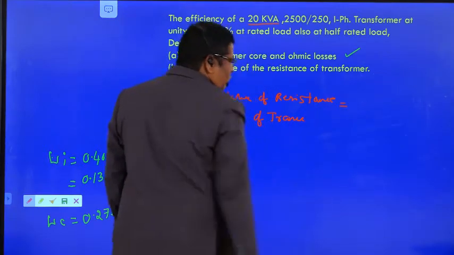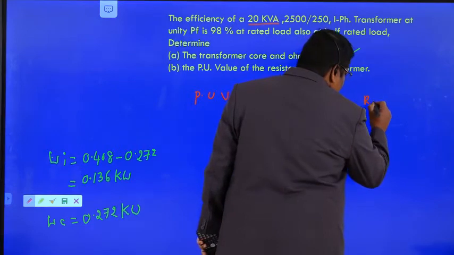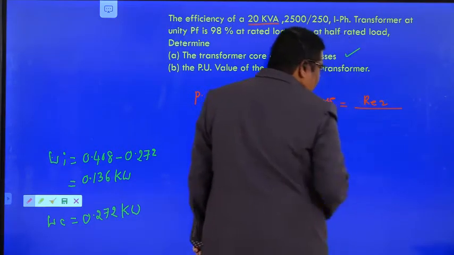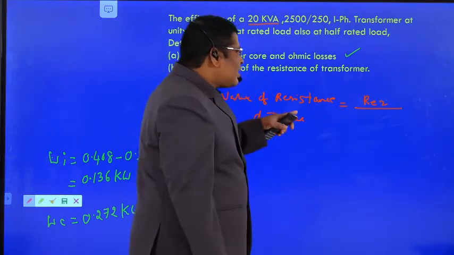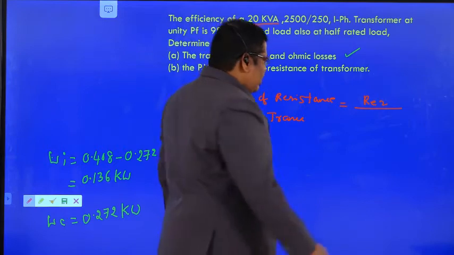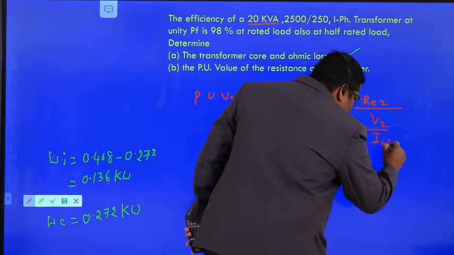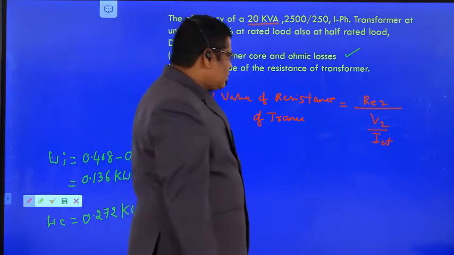equal to the equivalent resistance of a transformer referred to the primary or secondary, divided by, here we have taken secondary, the impedance of a transformer referred to the secondary, nothing but V2 divided by I2 full load. This is the impedance.